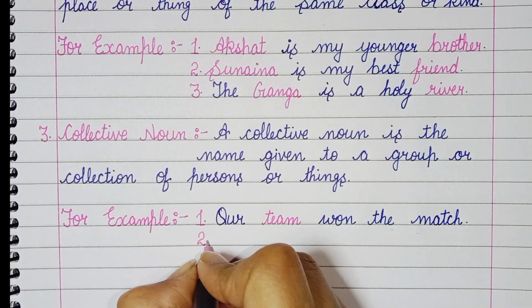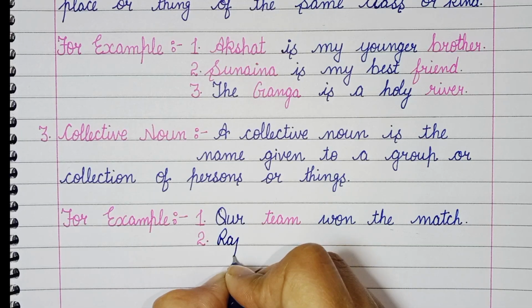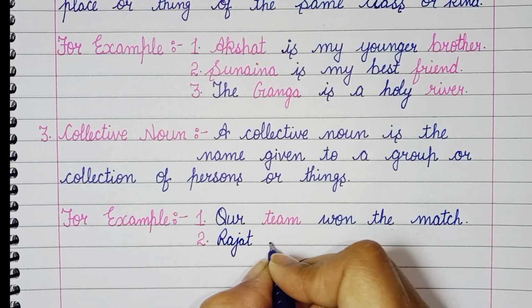For example, first one is our team won the match. Team is a collective noun.